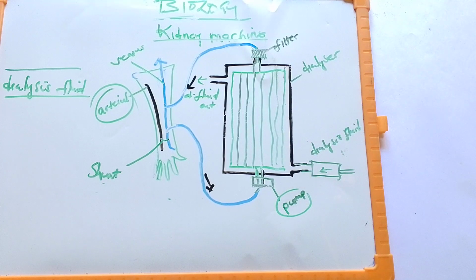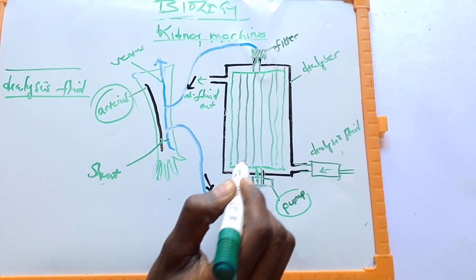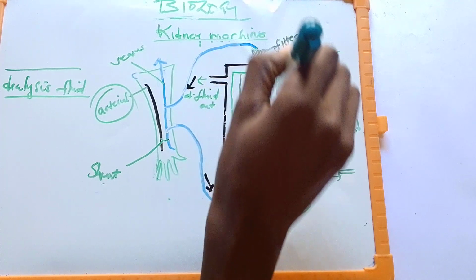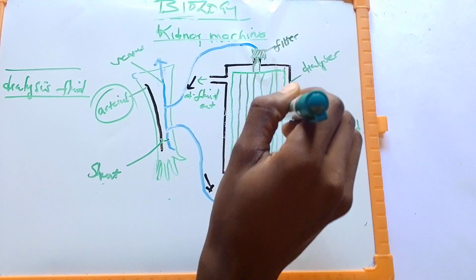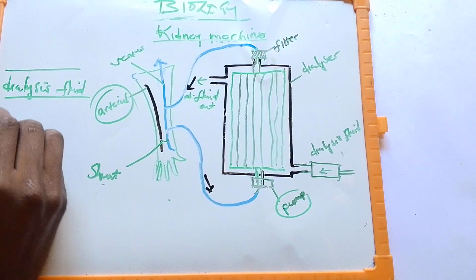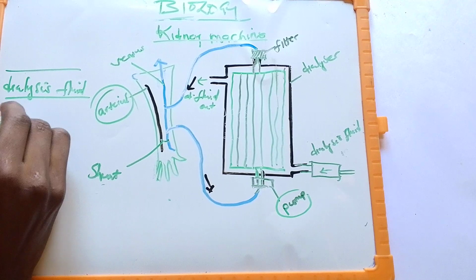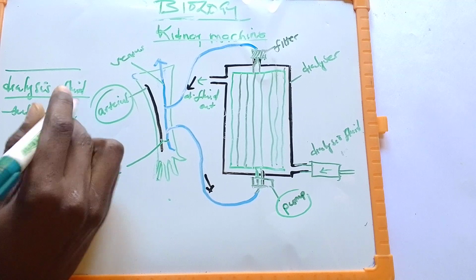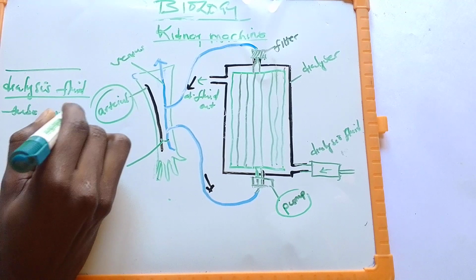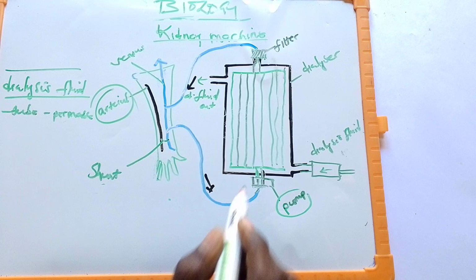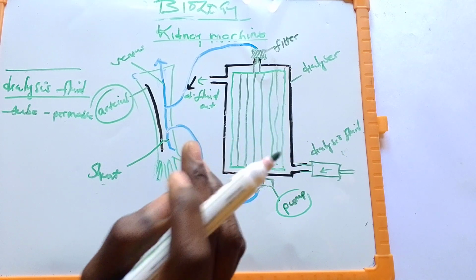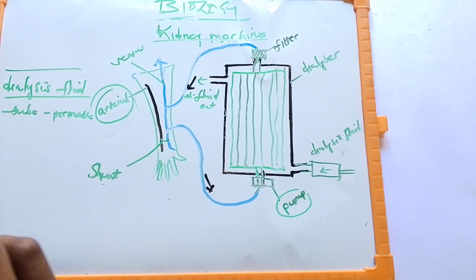So this dialysis fluid, we have these tubes, these stripes here. This is a tube which is within the dialysis machine. So this tube is permeable, meaning that it allows some substances to pass into it and some substances to pass out of it.